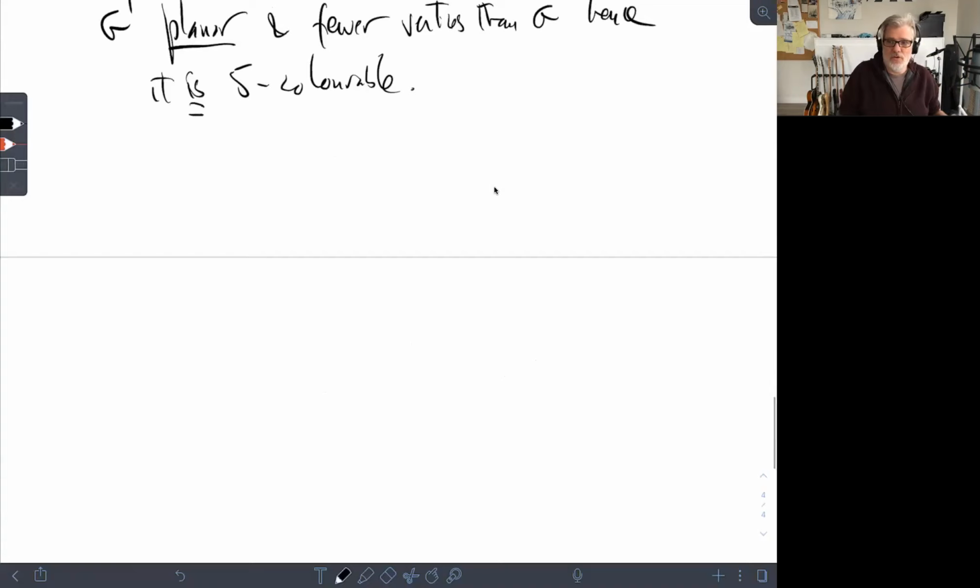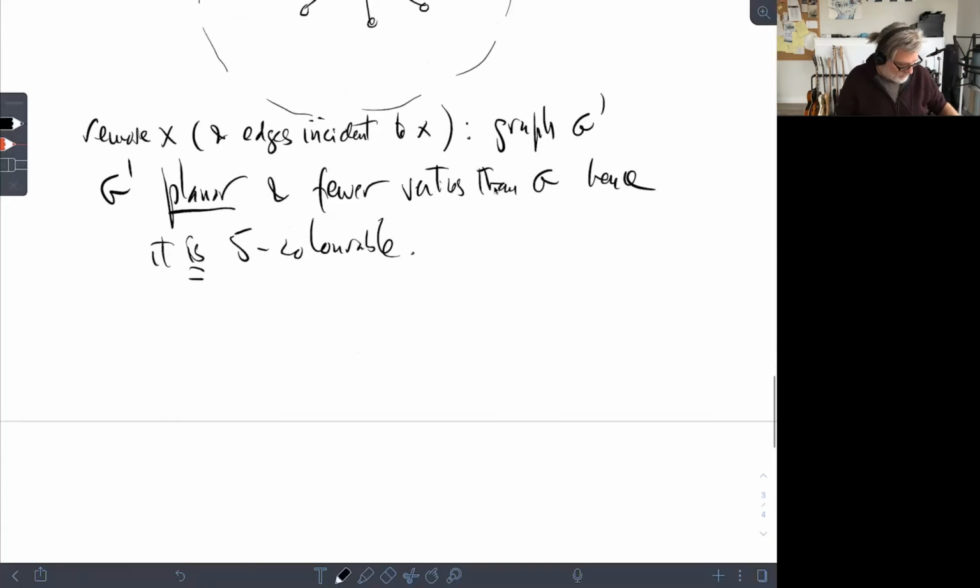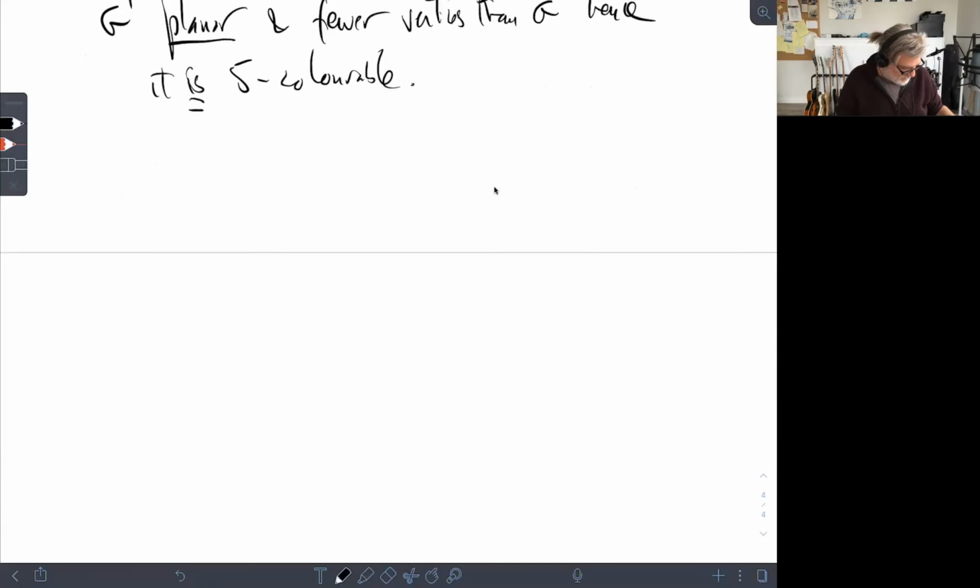That's what we're going to try to be doing at every step. We're going to try to take colorings of this smaller graph and tweak them, mess around with them so that we can jump up to a big coloring for the bigger graph G. Okay, so here's an example. Let's say this is X.